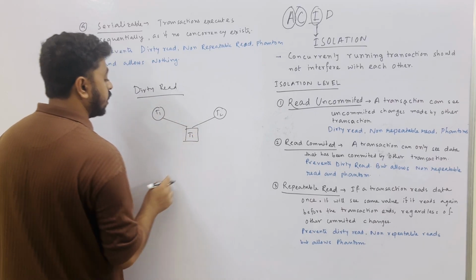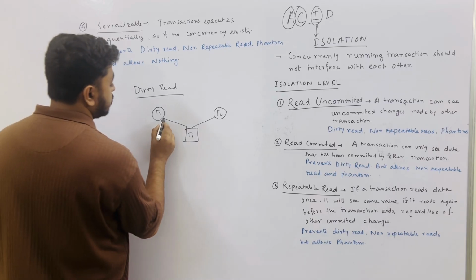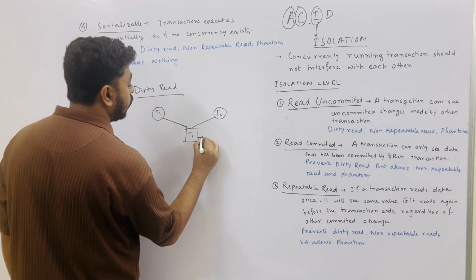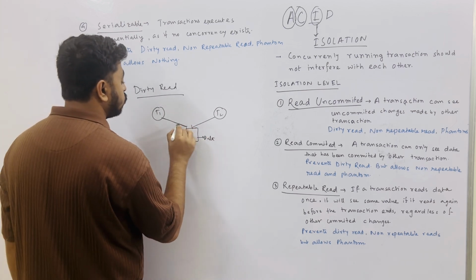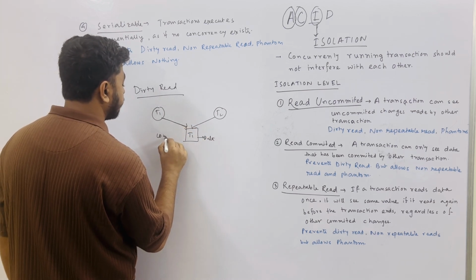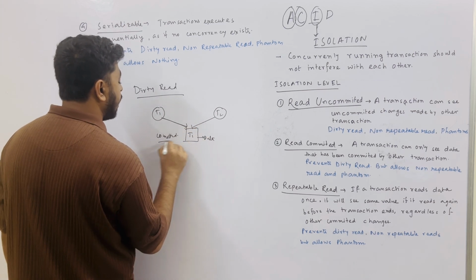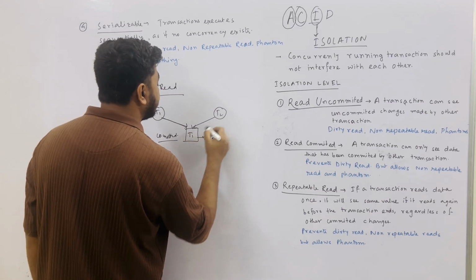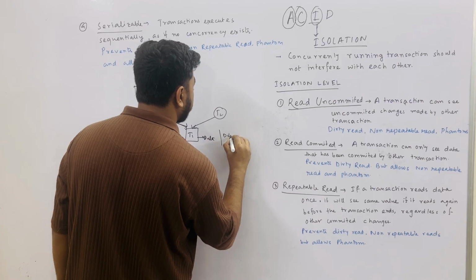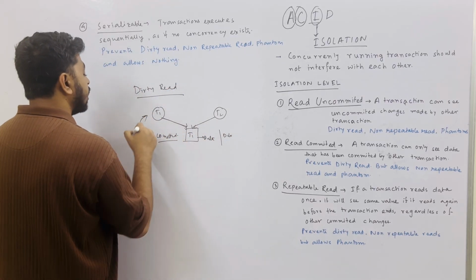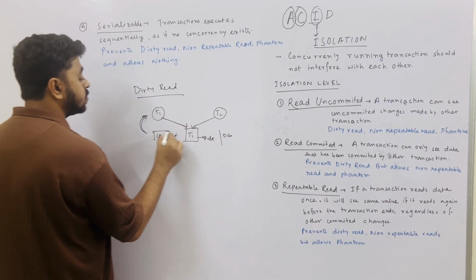Suppose transaction 1 has updated one piece of data in that table, and it has not committed yet. Transaction 2 is able to read that uncommitted data. That means this data can be rolled back because the commit has not happened.